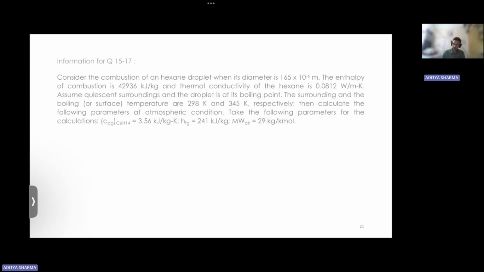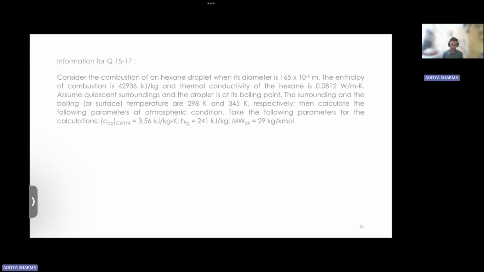Now moving on to next question. So these are 3 questions based on this information, which is as follows. The information is to consider the combustion of a hexane droplet, which is C6H14.